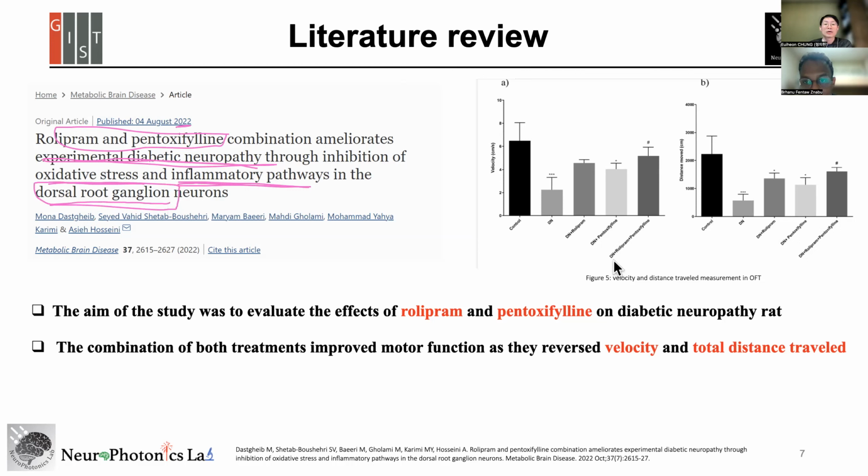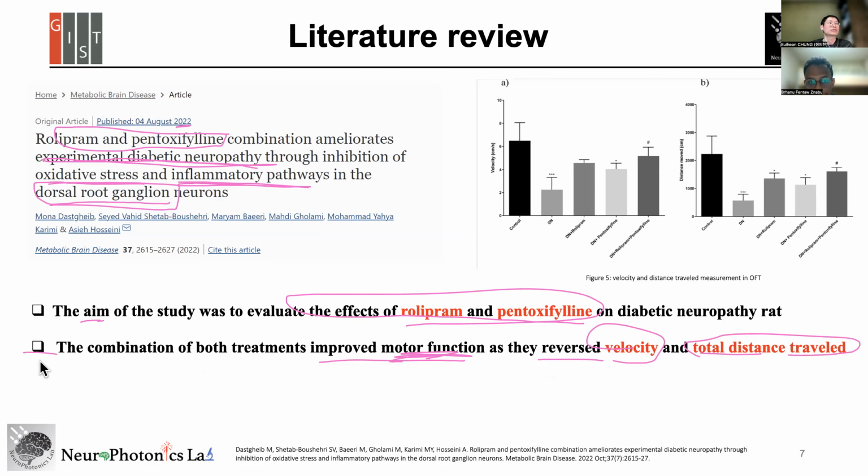You know, the readers cannot read any of this letter. Nobody can see this. So whether this is important or not, it depends. So the aim was the effect of these drugs. I don't think your focus is about drugs, but you want to point out some assays, motor function, reverse velocity over distance traveled.